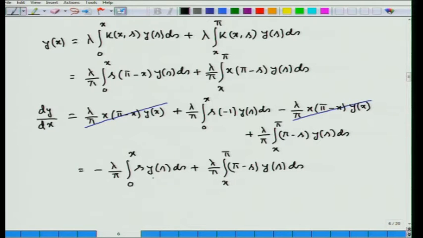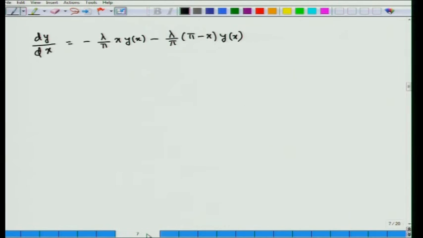So, if we differentiate the integrand with respect to x, in both cases we get 0, and clearly this minus lambda by pi x y(x) cancels with the corresponding term. So, we are left with the expression minus lambda y(x), this will be d2y/dx2.